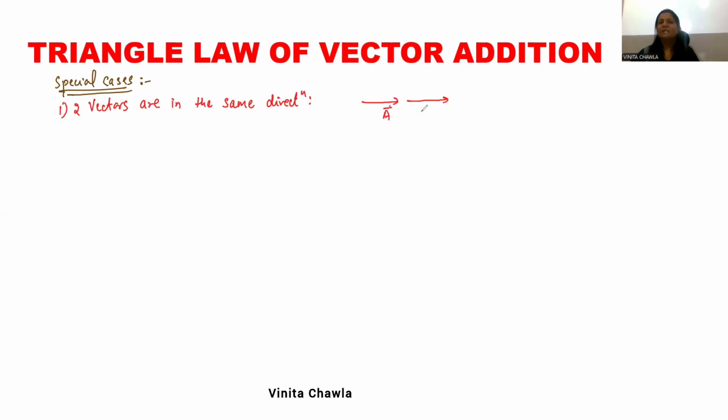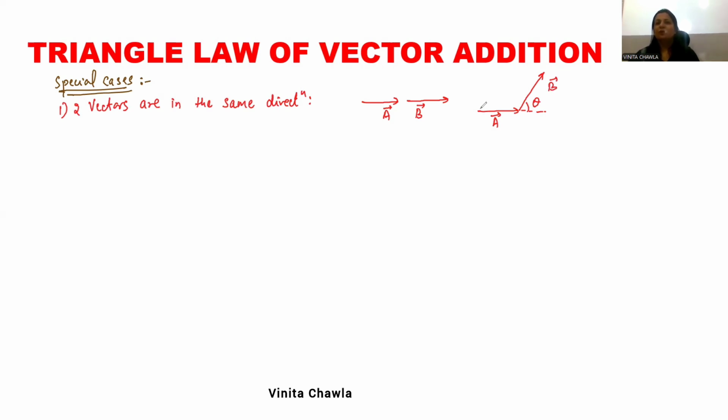We can draw vectors like this. Then the value of angle theta, what is angle theta here? See, when we draw vectors like this, then this is angle theta, no? If this is vector A and this is vector B, then angle theta is the angle between these two vectors.